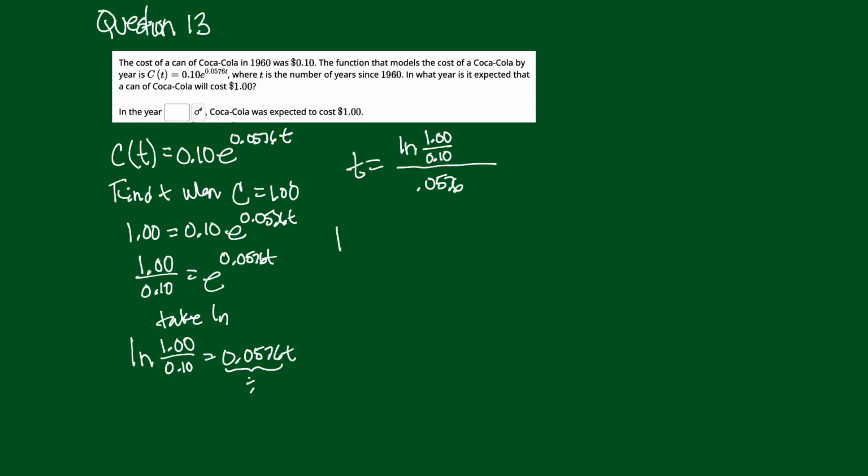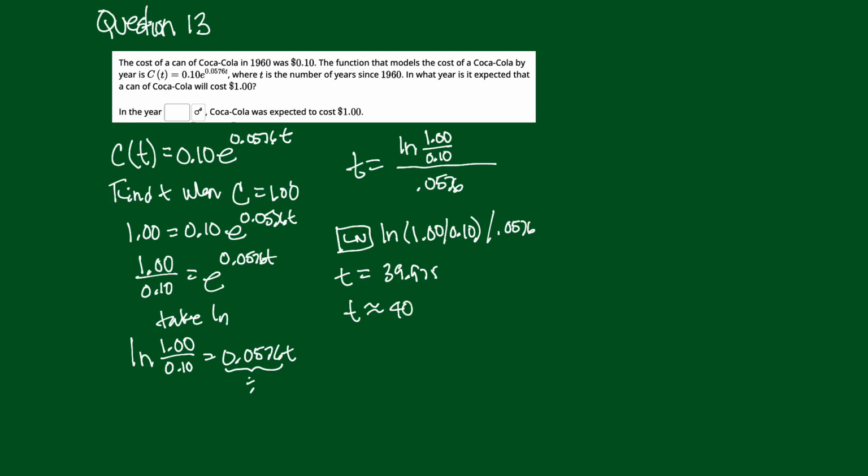I press the LN key and get LN parentheses 1.00 divided by 0.10, close, divide that by 0.0576. Here's what I got: t equals 39.975. T is about 40.